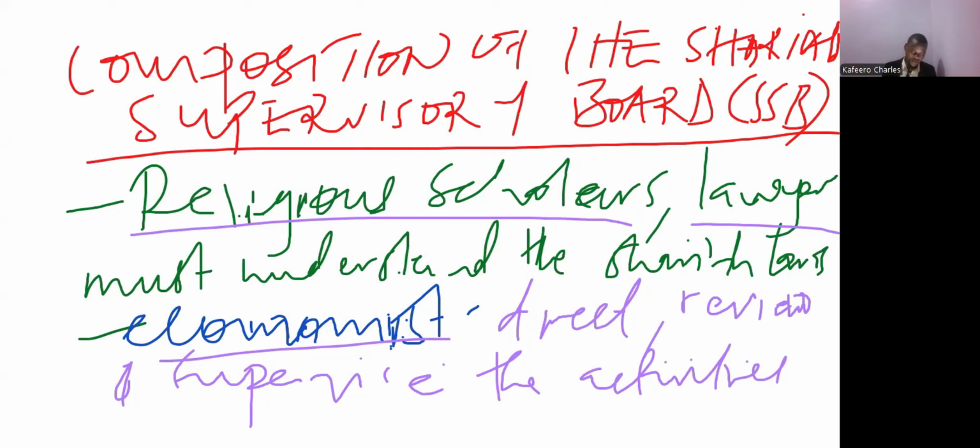So one of the things they do, they are directing, reviewing, and supervising the activities of the entities to ensure compliance with Sharia laws and principles. The other thing that they do, they also undertake Sharia audits.